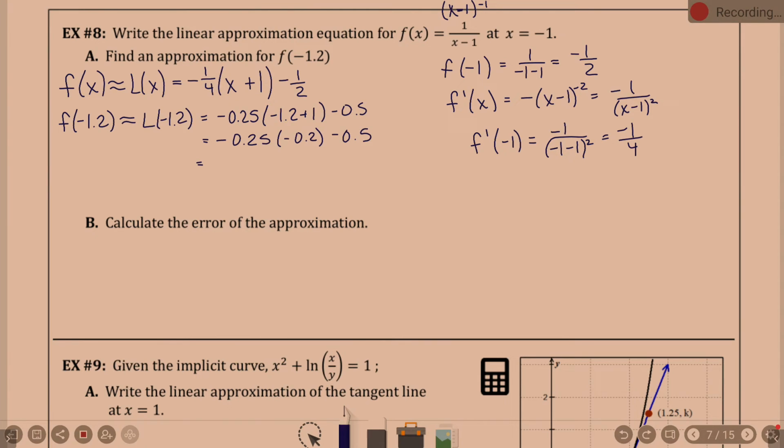Work it all out. If you did it yourselves, it was -4/500, or if you went the fraction route, -9/20.